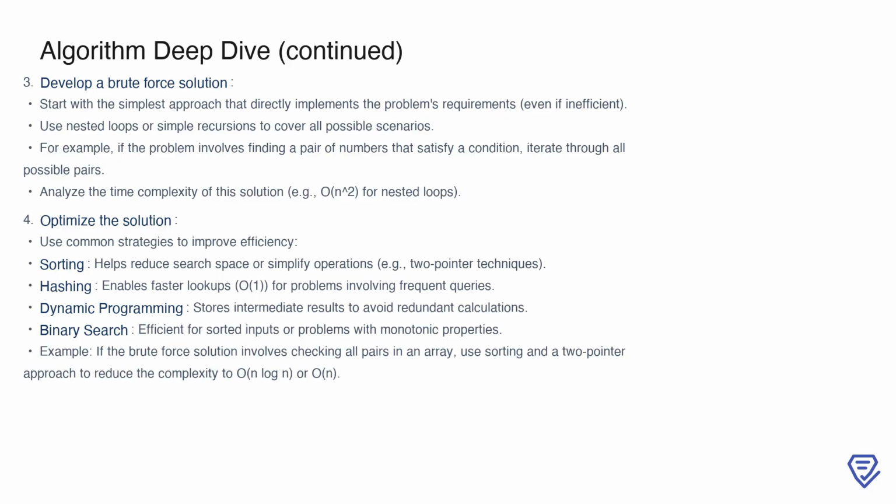Dynamic programming is another invaluable approach, allowing us to store intermediate results and avoid redundant calculations. For sorted inputs or problems with monotonic properties, binary search is a go-to method for achieving logarithmic time complexity. These optimization techniques transform an initial brute force solution into one that is both correct and efficient, paving the way for handling larger inputs and tighter constraints.